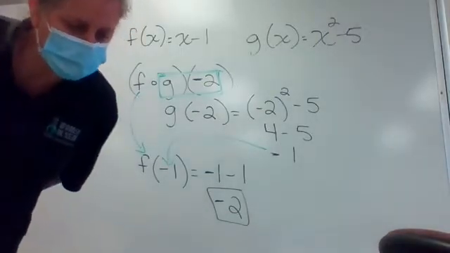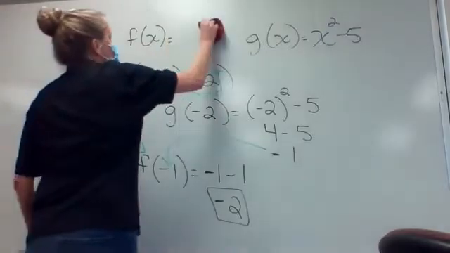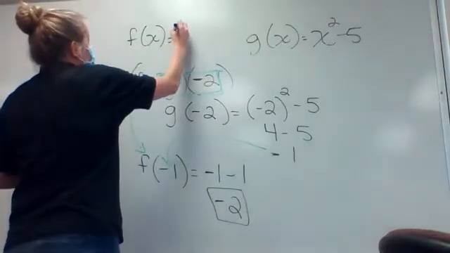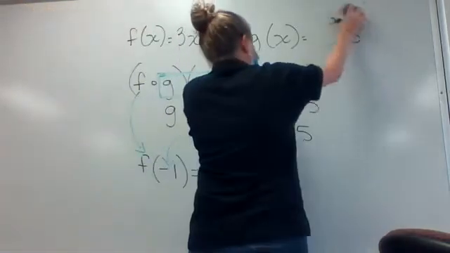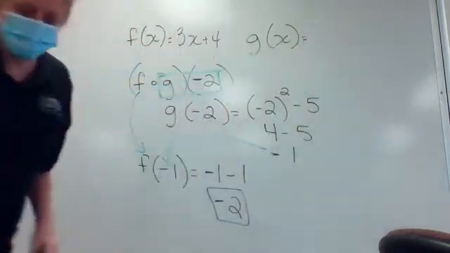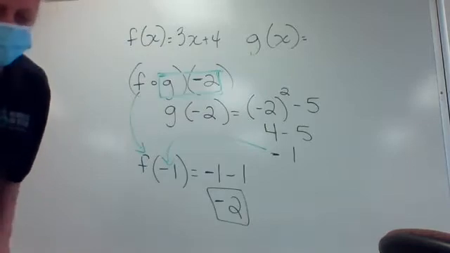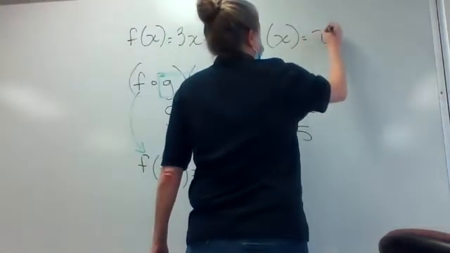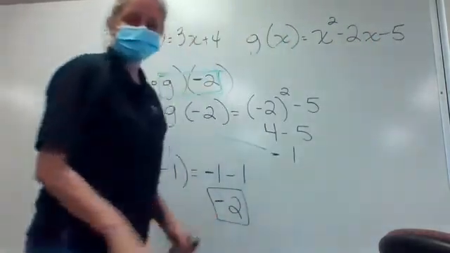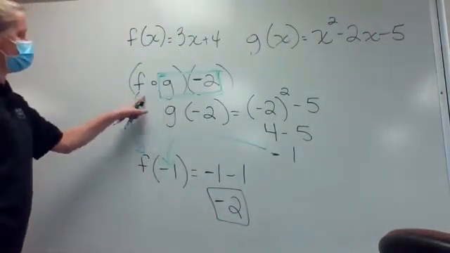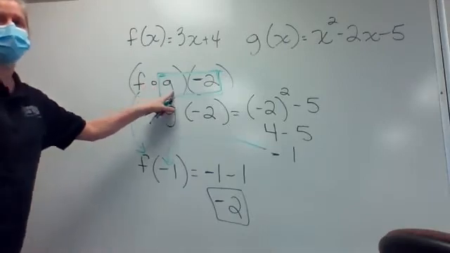F of x is 3x plus 4. G of x is x squared minus 2x minus 5. Okay, so remember last time we did f of g.